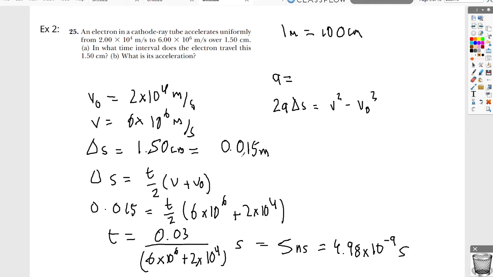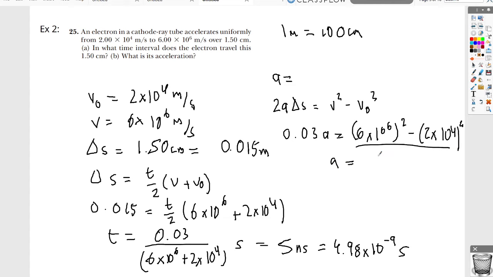Our delta s is 0.015, so 0.03a is equal to, oh gosh, that's a massive number, 6 times 10 to the 6 squared minus 2 times 10 to the 4th squared. So a is equal to that divided by 0.03, right?